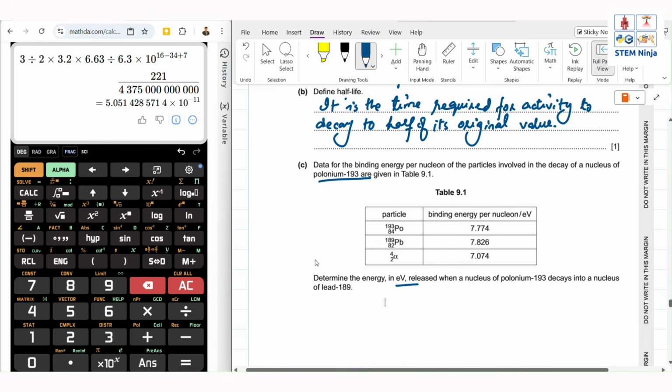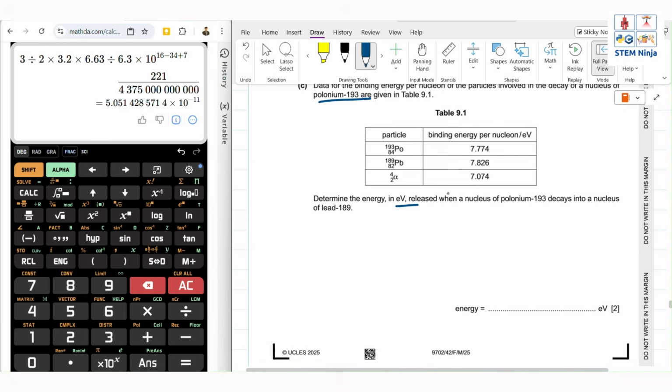So first off, we just need to quickly write the equation. So we have polonium decays into lead and alpha, right? So we already have that.